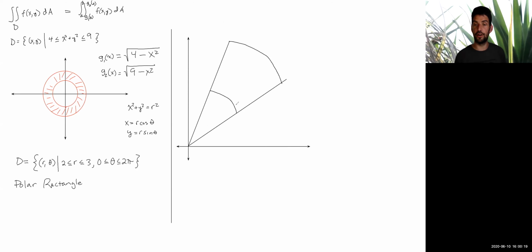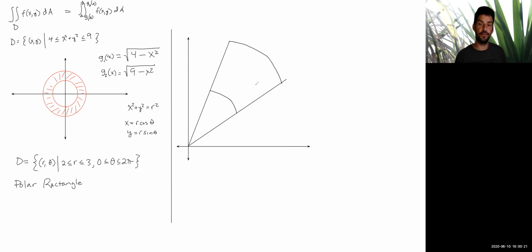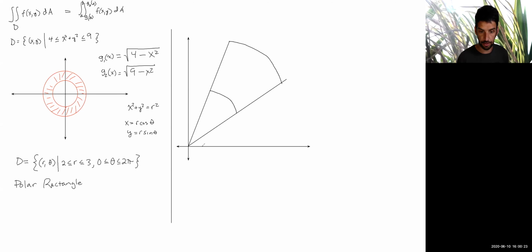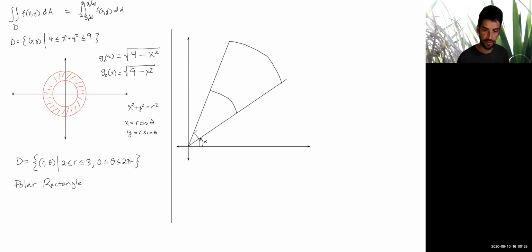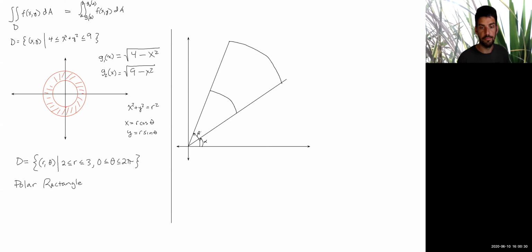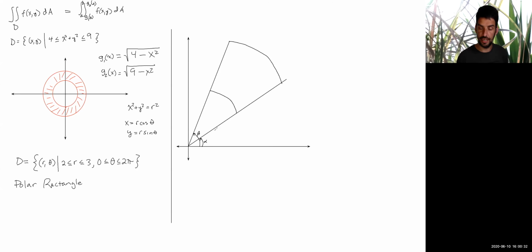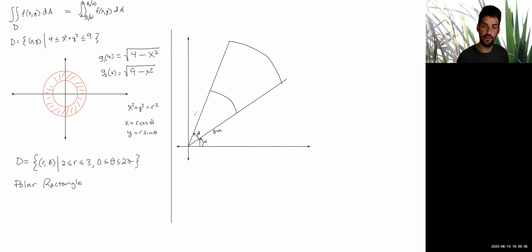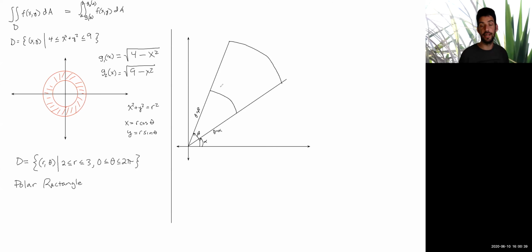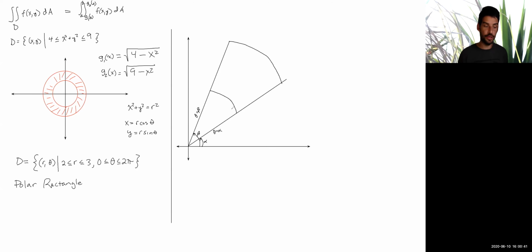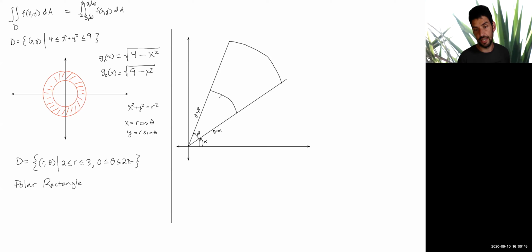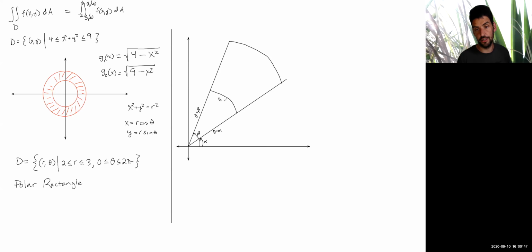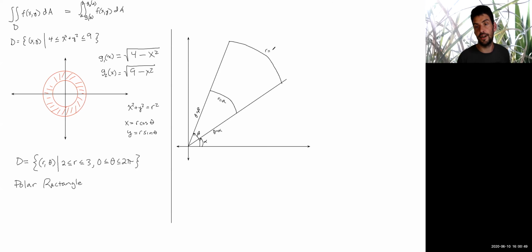What I mean is we have our radius bound between two numbers and our angle bound between two numbers. For instance, this angle I'll call alpha, and this angle I'll call beta. So this line here is the line theta equals alpha, and this line here is the line theta equals beta. This line here, let's call r equals a, and this line here, r equals b.